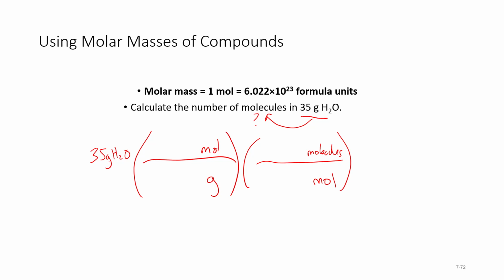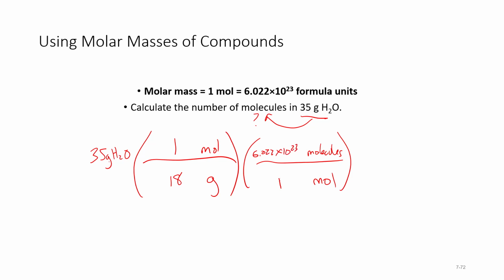Grams can be converted to moles, and then moles can be converted to molecules. So in this problem, 1 mole is equal to the calculated mass from the periodic table. H2O we calculated previously to be 18 grams. Now here, our conversion factor is 1 mole is equal to Avogadro's number of molecules, 6.022 times 10 to the 23rd.